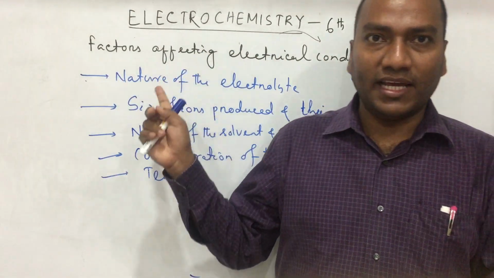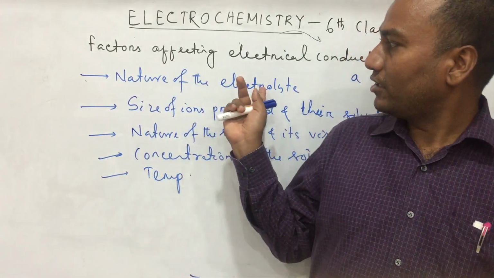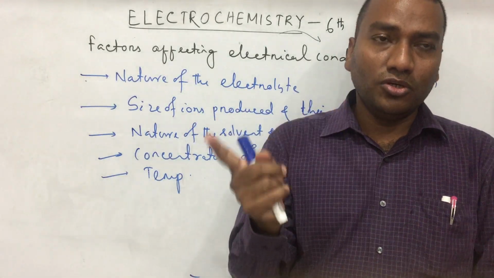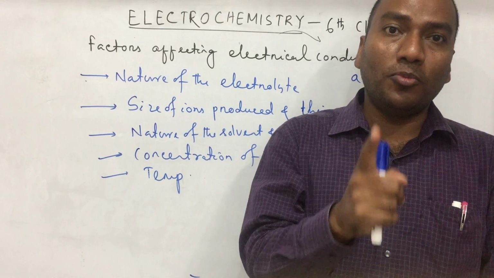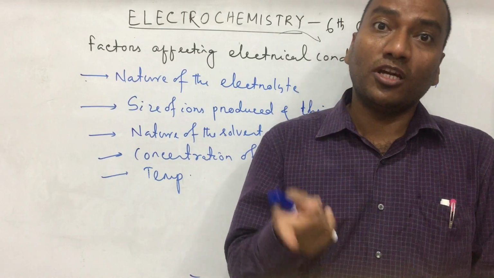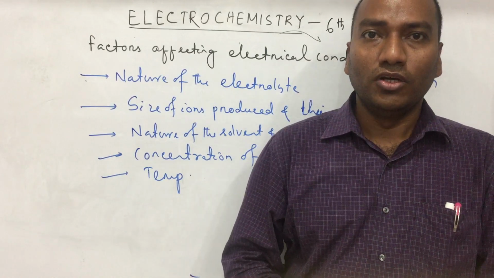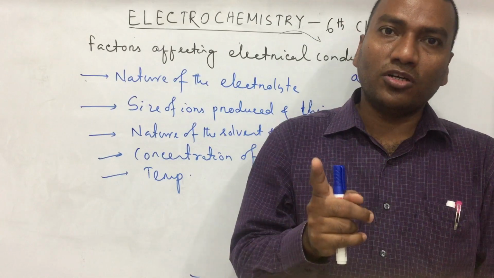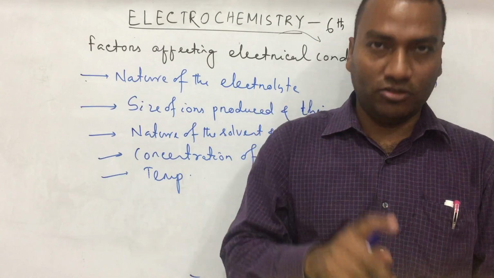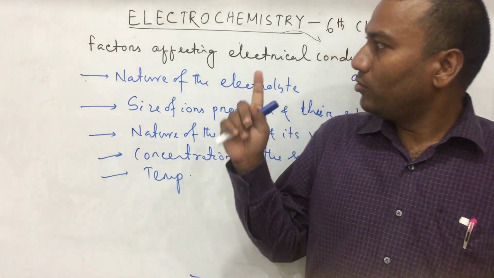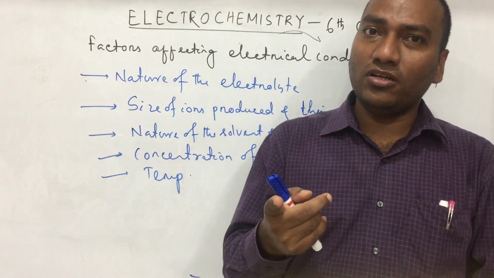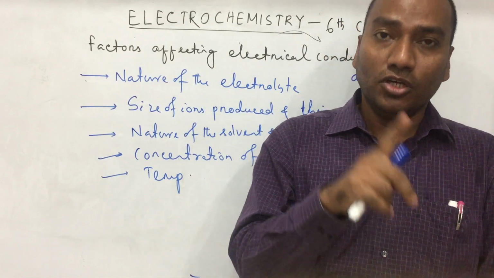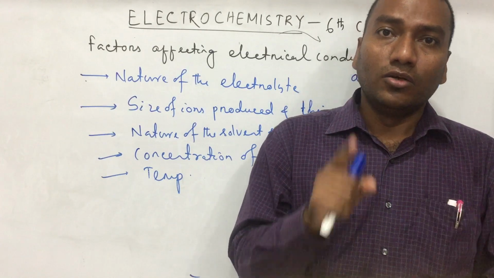The previous factor is for metal, and this is the factor for solution. Suppose why is copper a good conductor, why is aqueous copper sulfate a good conductor? Copper metal is a good conductor due to the presence of free electrons. Clear? But aqueous copper sulfate is a good conductor due to the presence of free ions. So you will see the difference.